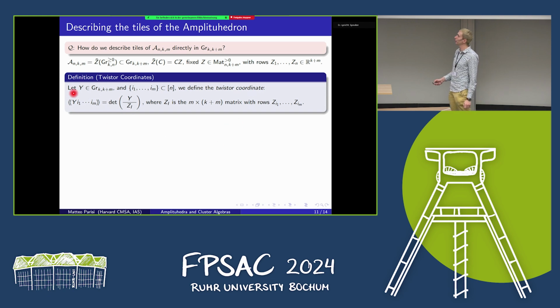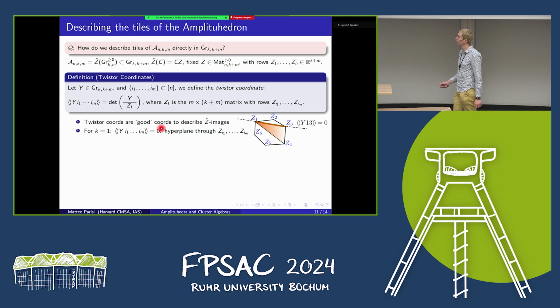If you have a point y in the Grassmannian k,m, I just want to consider these determinants that I denote as y, i1 to im, which is the determinant that I get by stacking this matrix y with m rows of the matrix Z. So I have y with m rows of the matrix Z, and this is what I call twistor coordinates. These are good coordinates to describe the Z tilde images.